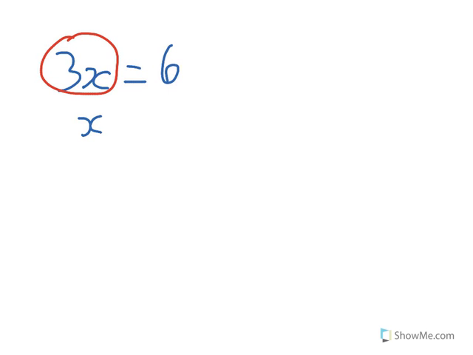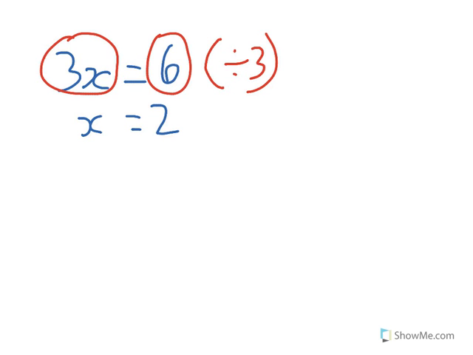So what I'm going to do to both sides is the opposite of 3 times, which is divide by 3. Because if I divide both sides by 3, I get this 1x here that I've already written. So the 3x has been divided by 3. And now I need to divide the 6 by 3 as well, and I get 2.